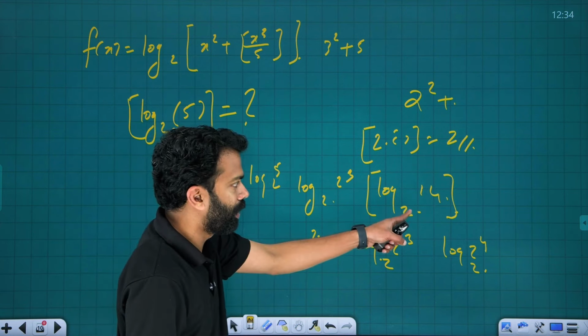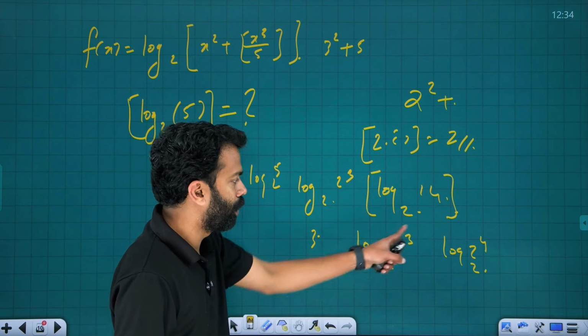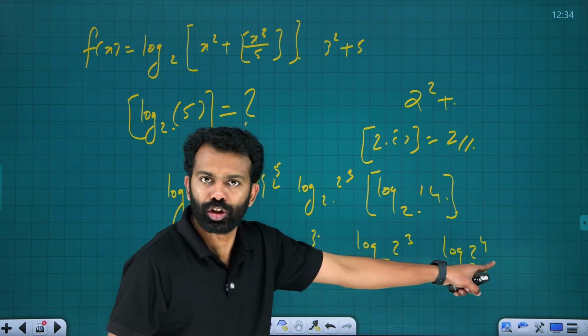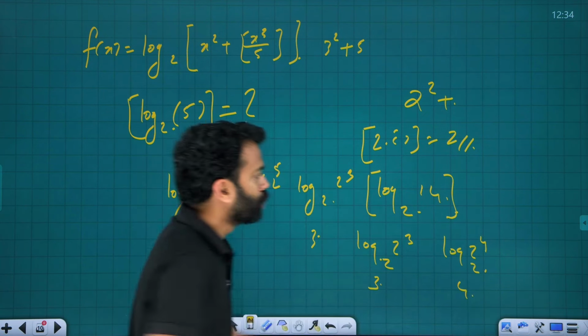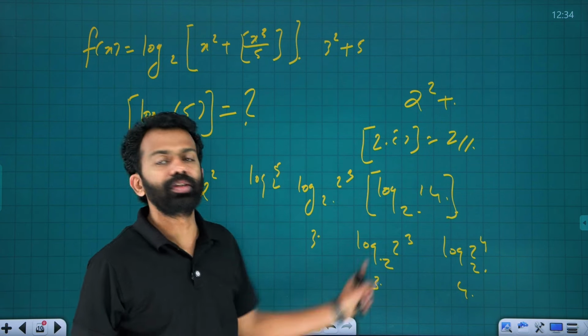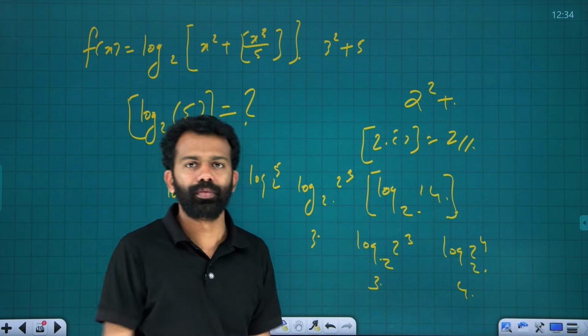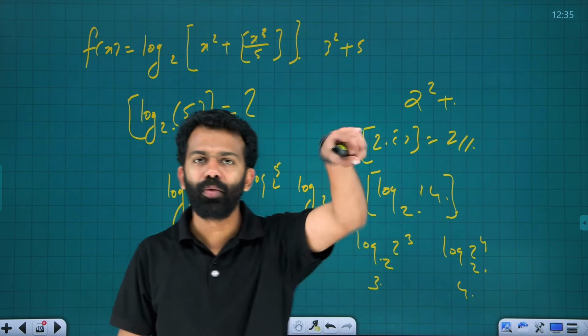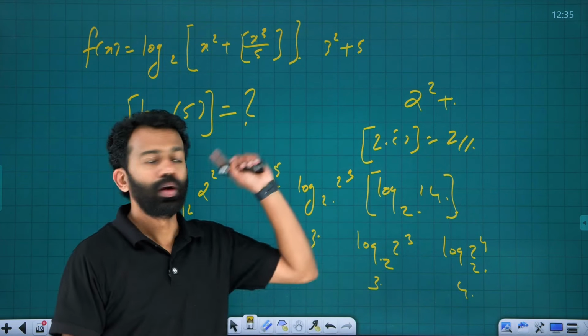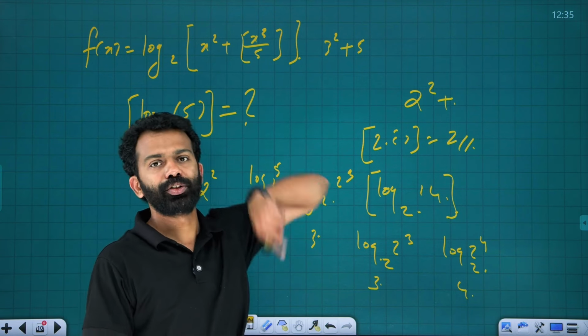So log 14 to the base 2 lies between log 8 to the base 2 and log 16 to the base 2. The values are 3 and 4, so log 14 to the base 2 lies between 3 and 4, that is, 3 point something. What is the floor of 3 point something? 3. That is how you formulate the value of the floor of log of x squared plus x cubed by 3.